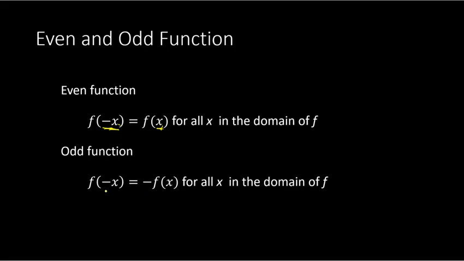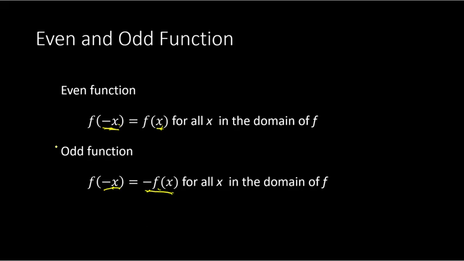Here we have negative x, the opposite of x. Here is a negative f of x. That means we're changing the sign of y. f of x is y. We can change the sign of x and change the sign of y, and we're still going to have a point on the graph.